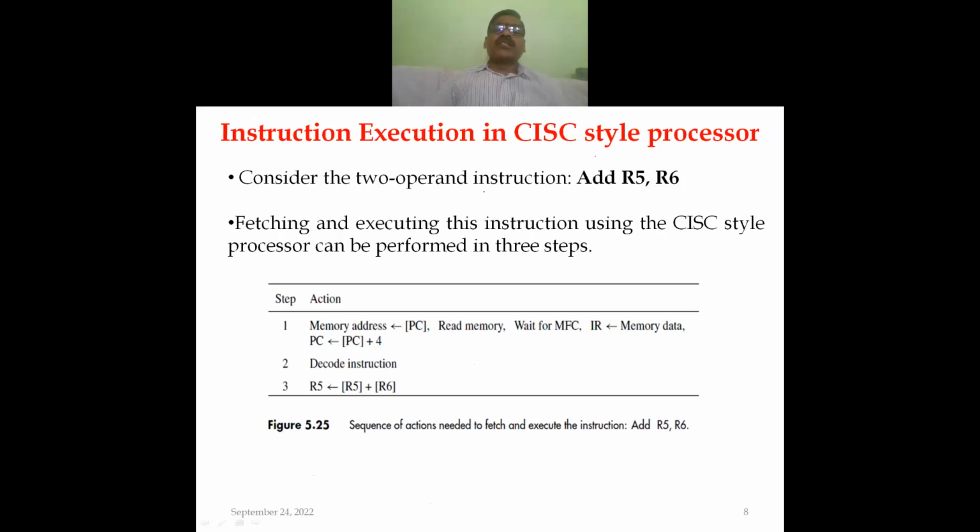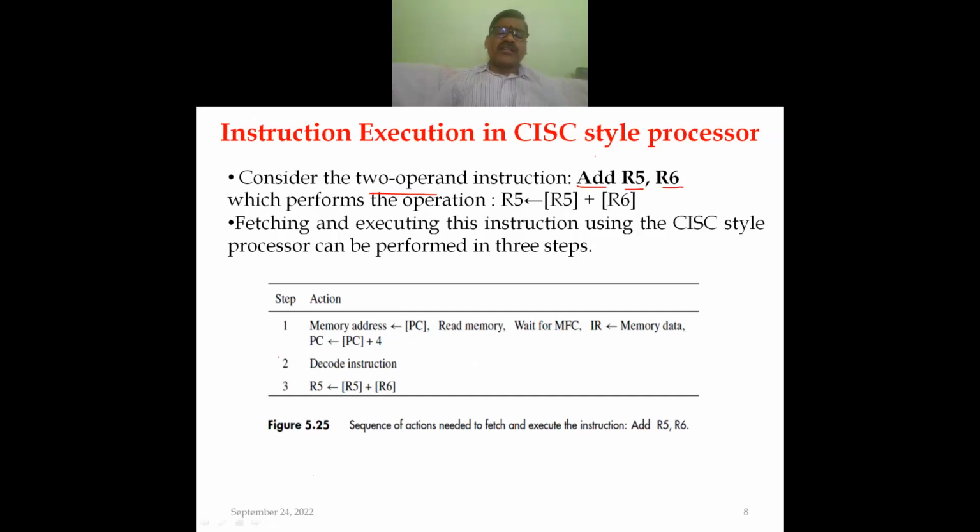So let us consider the two operand add instruction taking the two operands R5 and R6. This performs the operation where the contents of R5 and R6 are added, and the result is stored again into R5. Fetching and executing this instruction using a CISC style processor can be performed in 3 steps.